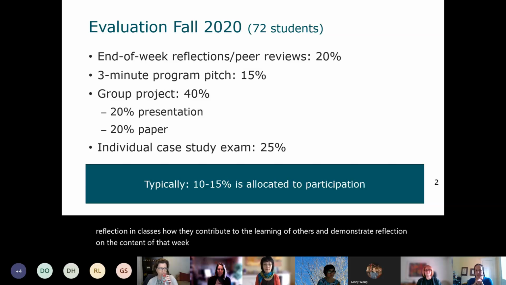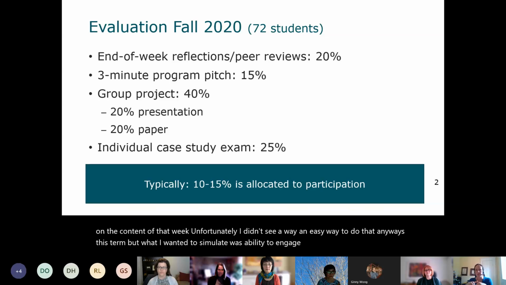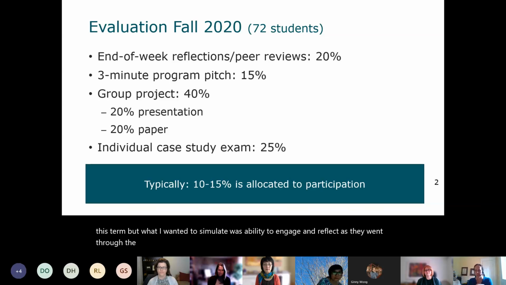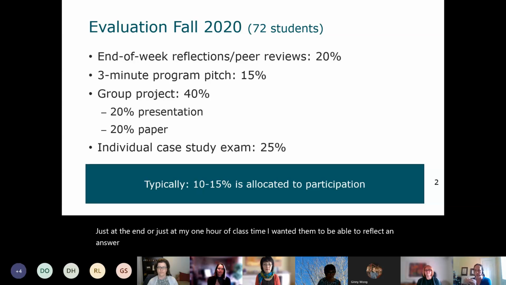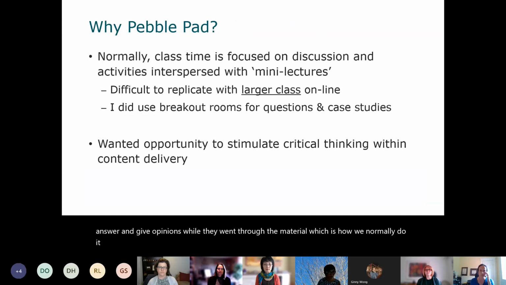Unfortunately, I didn't see an easy way to do that anyways this term, but what I wanted to simulate was the ability to engage and reflect as they went through the material rather than just at the end or just at my 1 hour of class time. I wanted them to be able to reflect and answer and give opinions while they went through the material, which is how we'd normally do it in class.